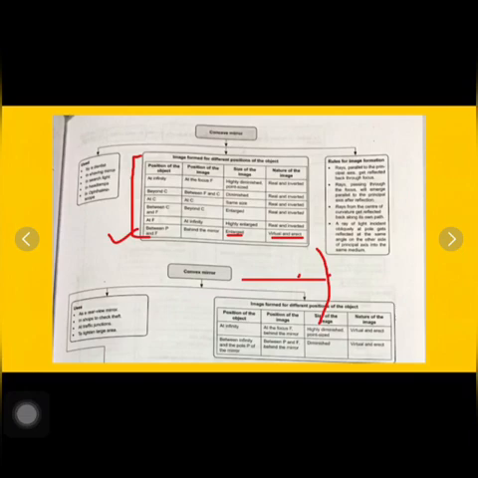Now let us see the next one. Rays from the center of curvature get reflected back along their own path. So if the incident ray passes through the center of curvature, the reflected ray will just retrace its original path.